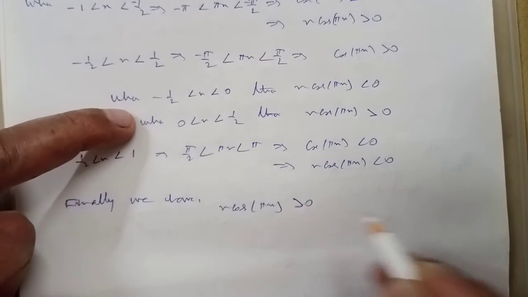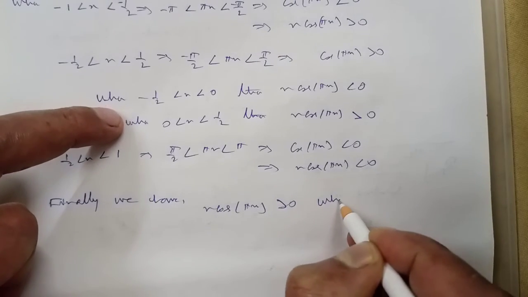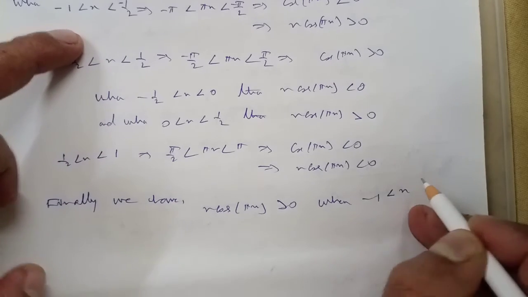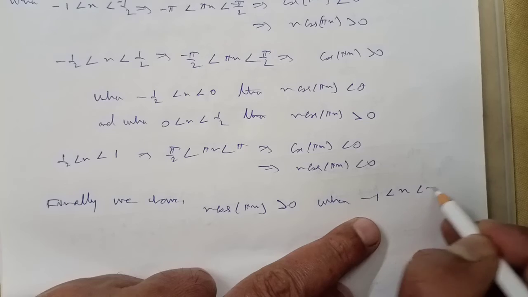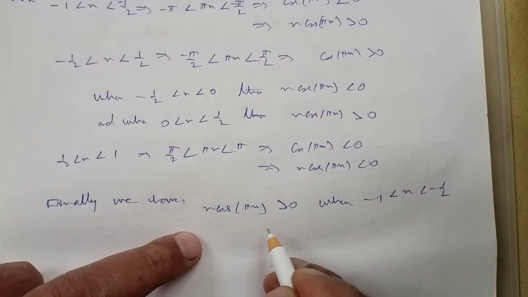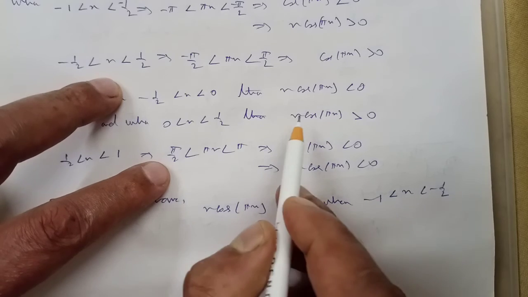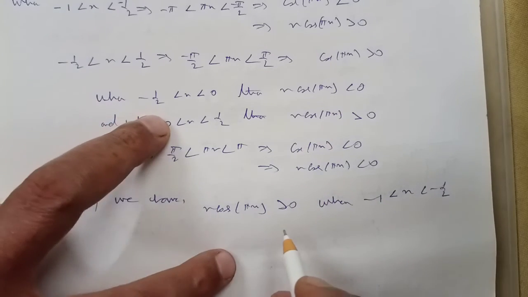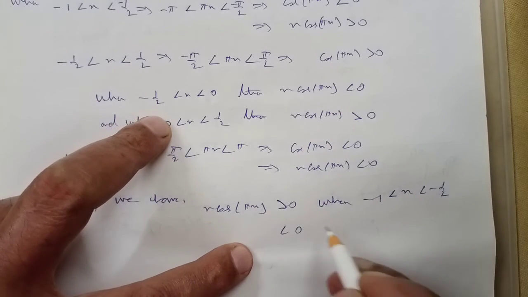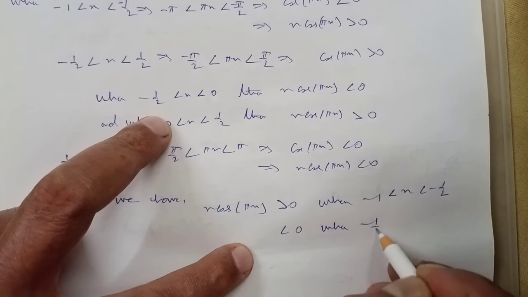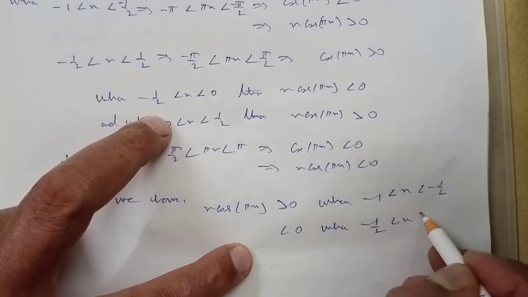So x cos of pi x is more than 0 when minus 1 is less than x less than minus half. This x cos of pi x is less than 0 when minus half is less than x less than 0.